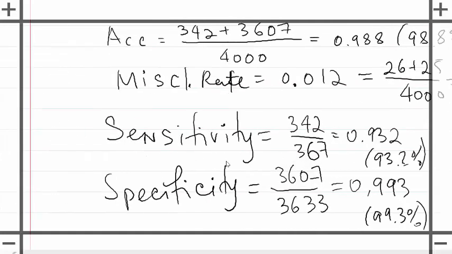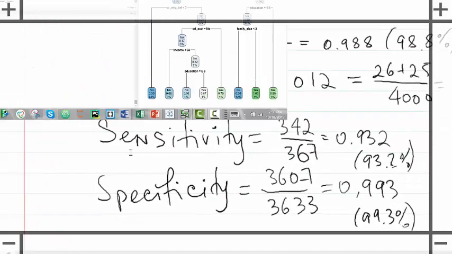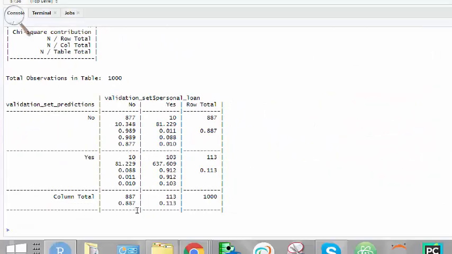Okay, so last thing, let's take a look at sensitivity and specificity. Tell me, ladies and gents, how much is the sensitivity of my model? No, where do I look? I look at the column totals, because this is where the actual yeses are.